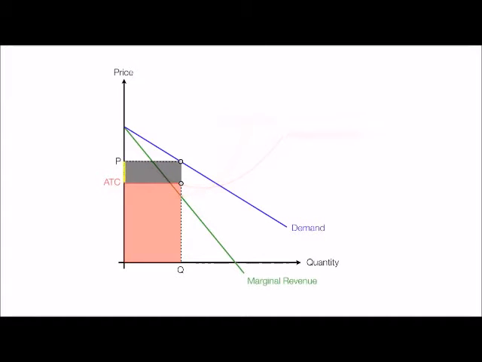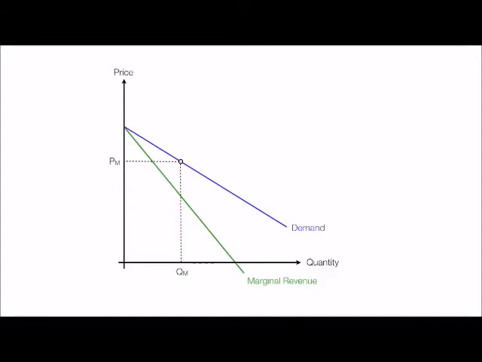The height is P minus average total cost, or price minus average total cost. The base is quantity again. So profit is equal to quantity times price minus average total cost. And again, profit is total revenue minus total cost.